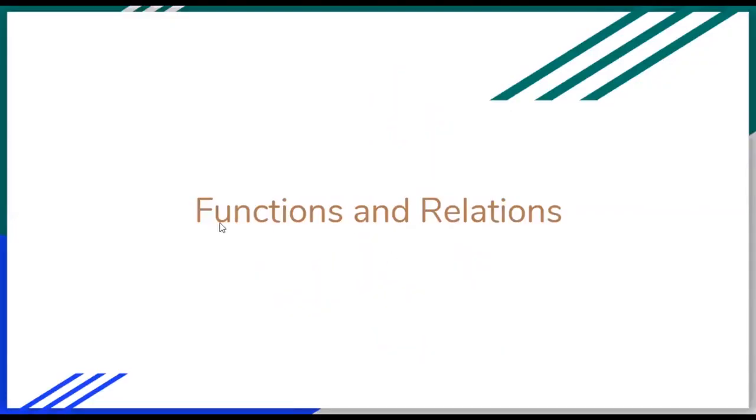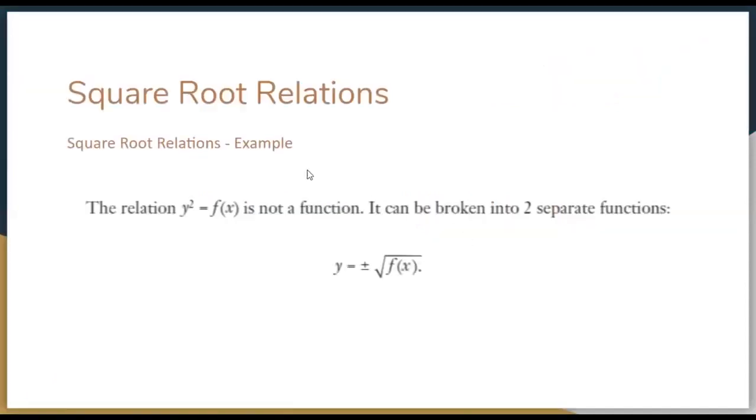So today we'll be continuing with our functions and relations topic, and today we'll be continuing with the square root relations for functions and relations. So if we have a relation y squared is equal to f of x, so essentially our function is some other function that's been squared, and we want to find a function for our y, what we do is we square root it and we get a positive and negative component.